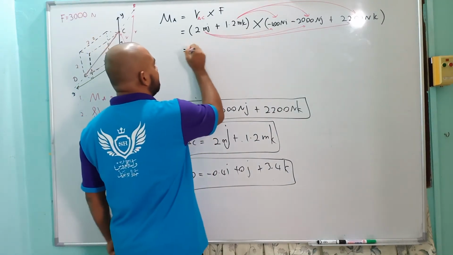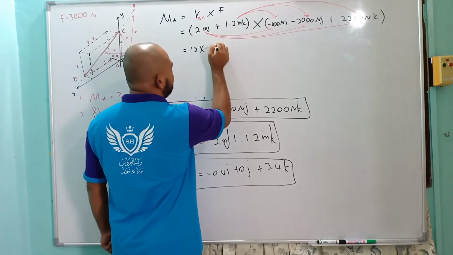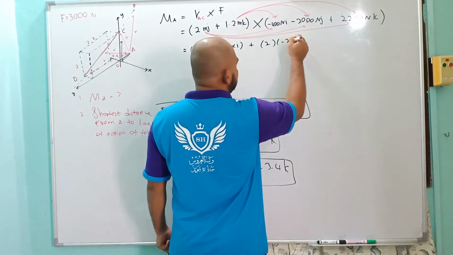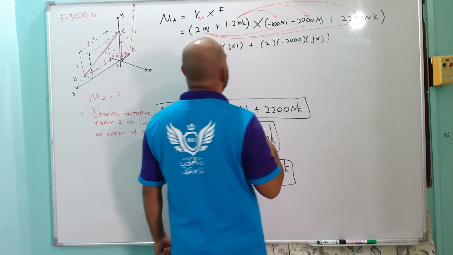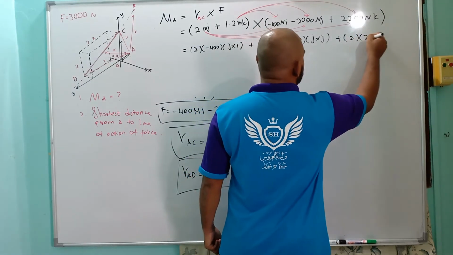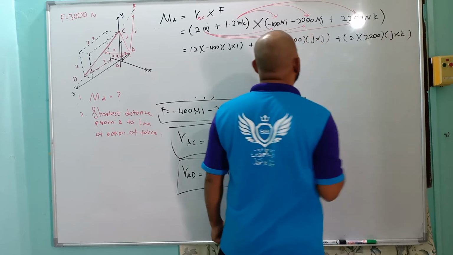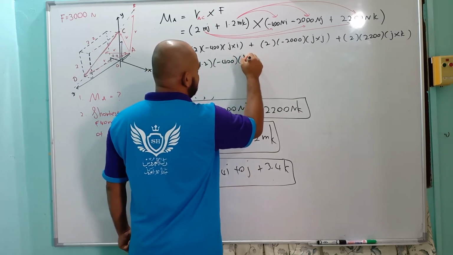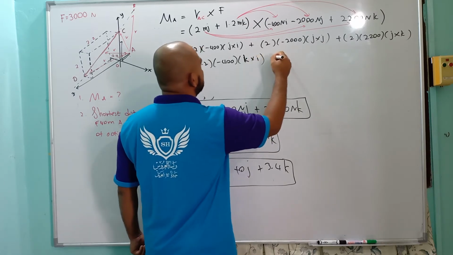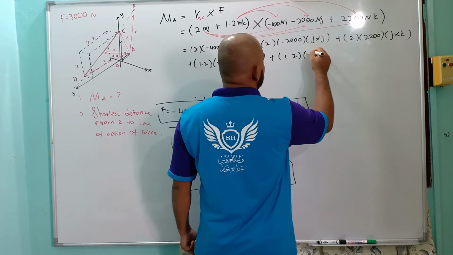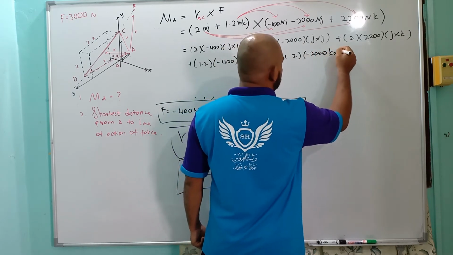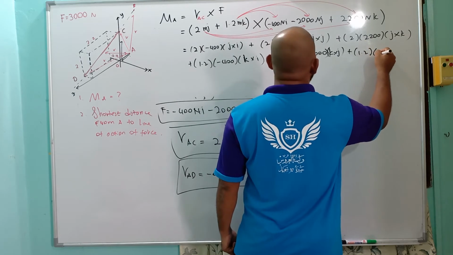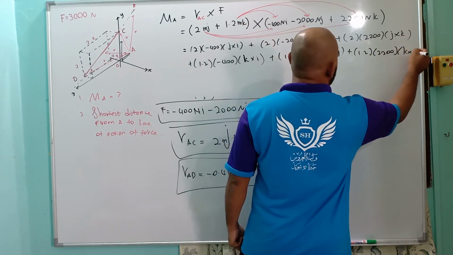So let's say here we have 2 times negative 400 J cross I plus 2 negative 2000 J cross J plus 2200 J cross K, okay, plus 1.2 negative 400, which is k cross I, plus 1.2 negative 2000 k cross j, plus 1.2 2200 k cross k.